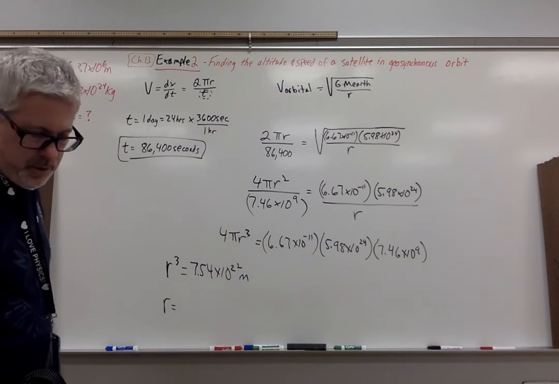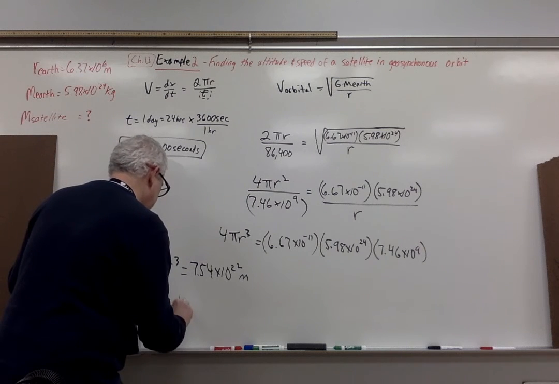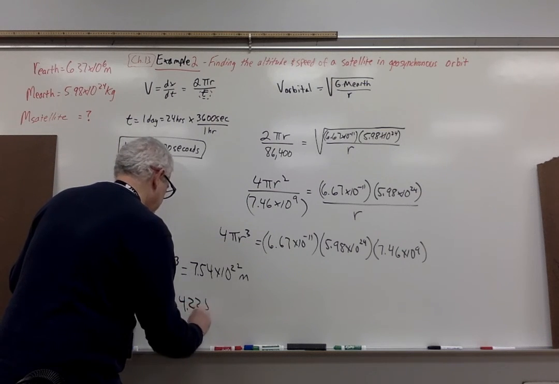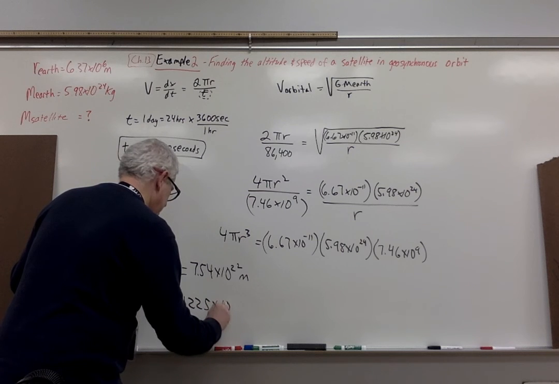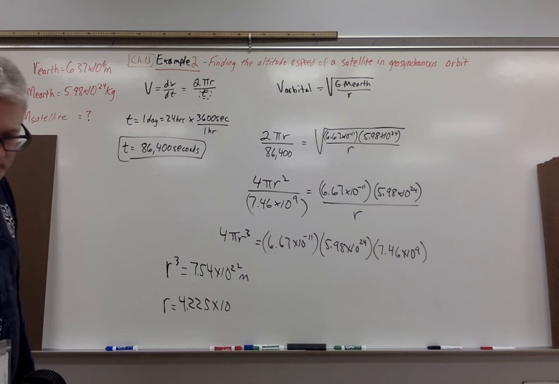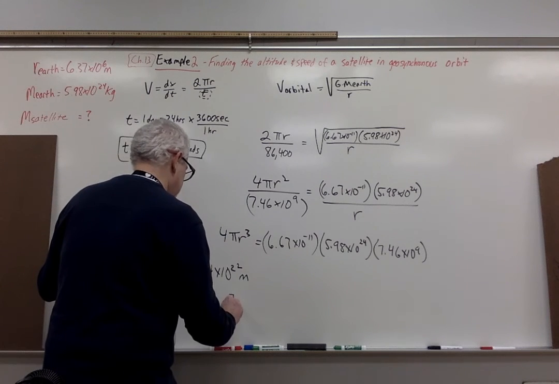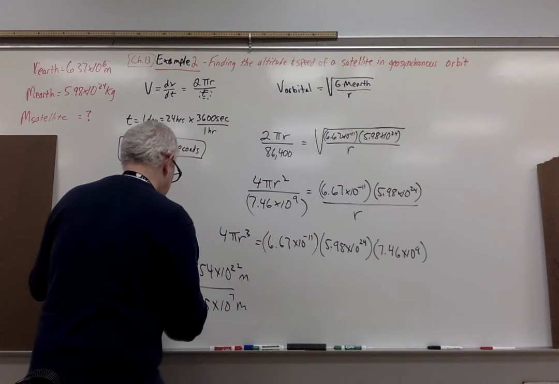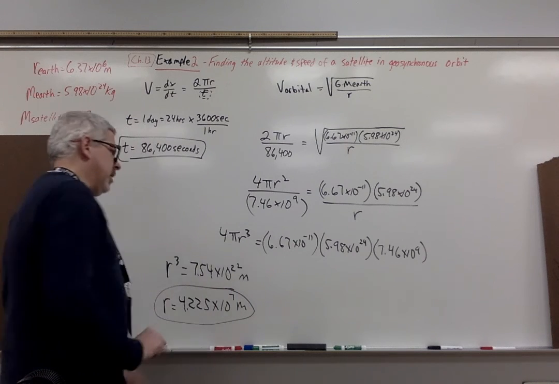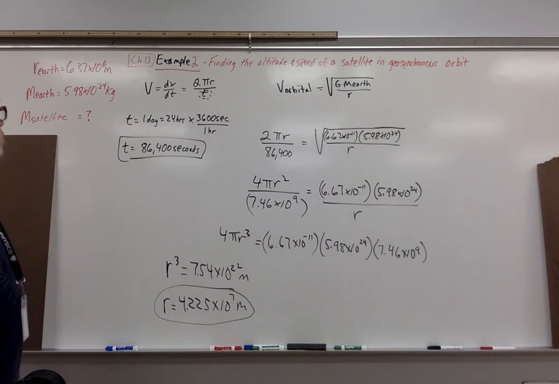I get that r is going to equal 4.225, and it should be, I believe, 10 to the 7th. And you might think we're done, but we're not done, because that is the distance away from the center of the Earth.